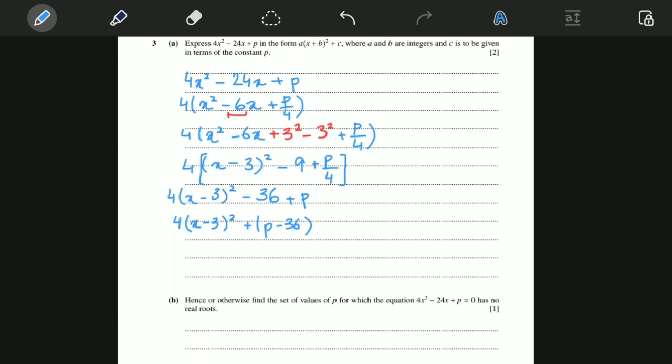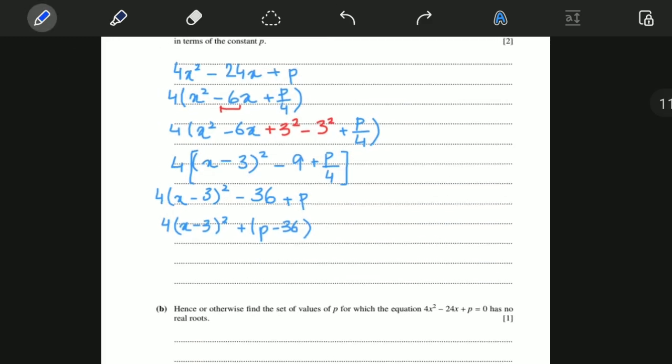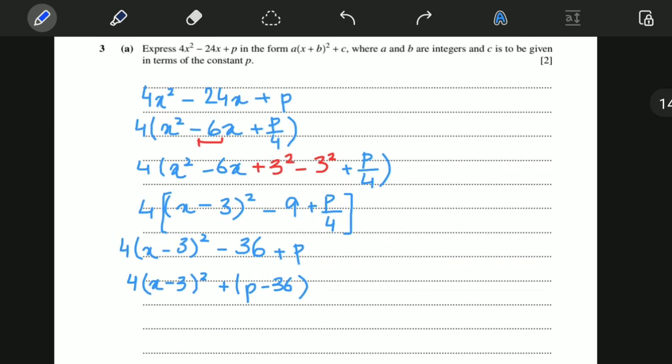If you compare these two, you'll get to know that a is equal to 4, b is equal to minus 3, as here it is plus b and here b is equal to minus 3.